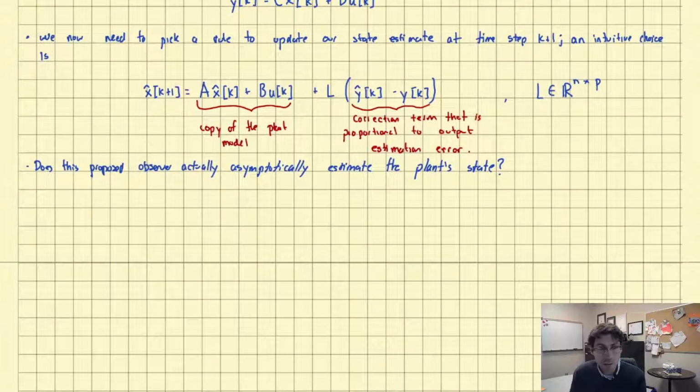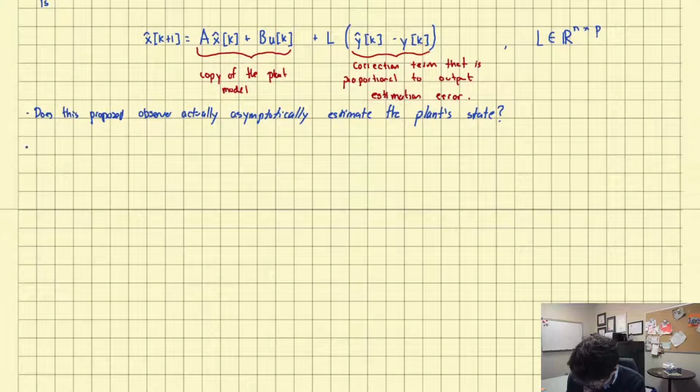Okay, well, we have the tools to answer this question. So let's do it. Let's look at the estimation error, the difference between the plant state and the estimated state.